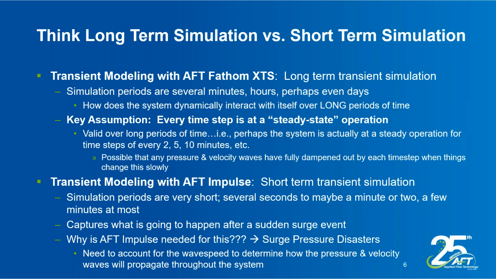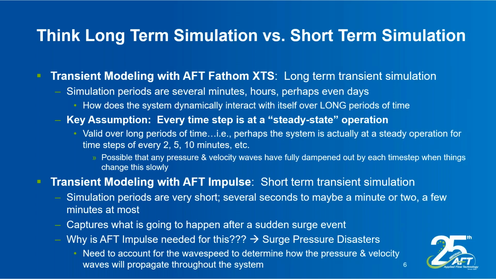So let's say that you have a valve that all of a sudden slams shut or closes. Well, initially you have a velocity of fluid through that valve, and then once that valve closes, that fluid has nowhere to go. And so the pressure is going to spike up and increase at the valve.